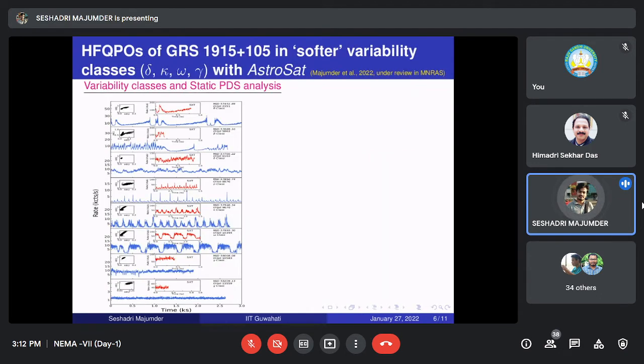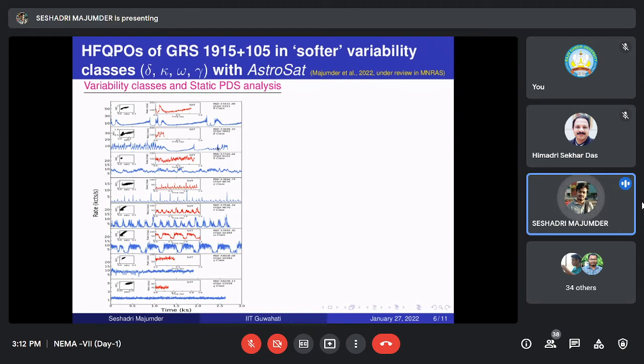Recently we have looked into the AstroSat observations of the source GRS 1915+105 in softer variability classes. We looked at all the archival data from 2016 to 2021, and we find that the source was initially in the theta variability class, followed by beta class, delta class, rho class, kappa class, omega class, gamma class, and finally chi class.